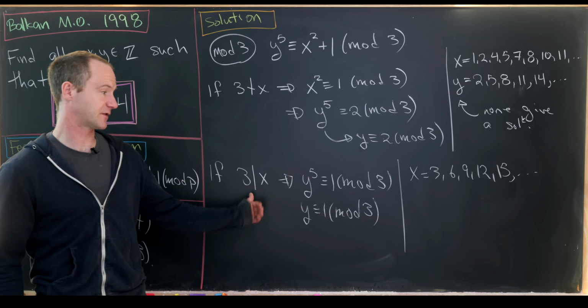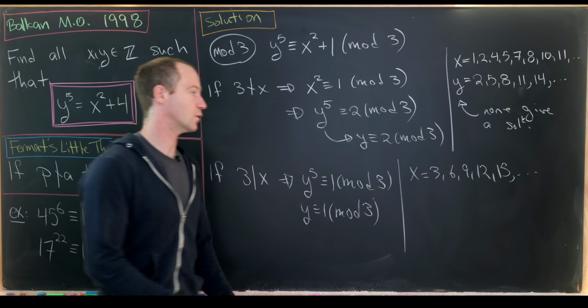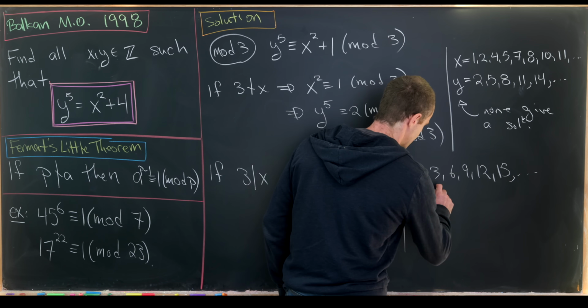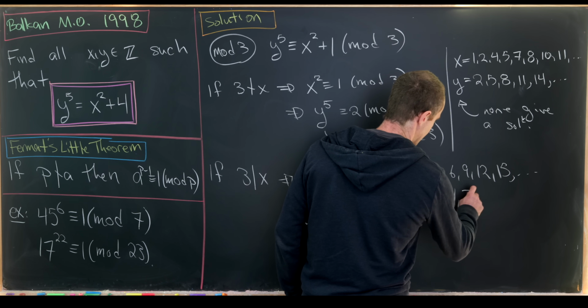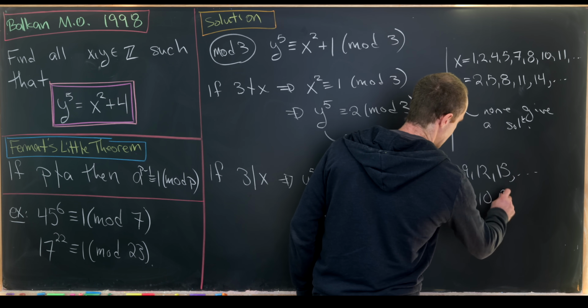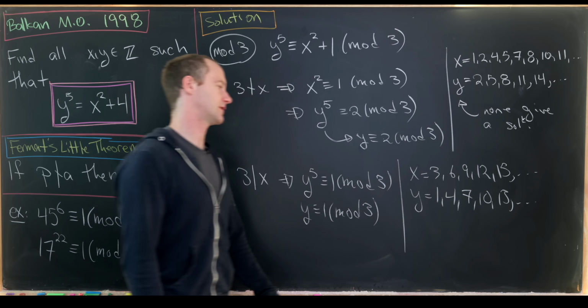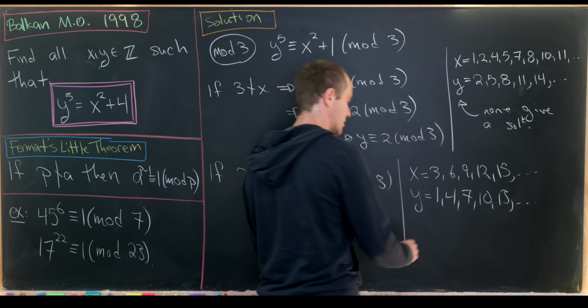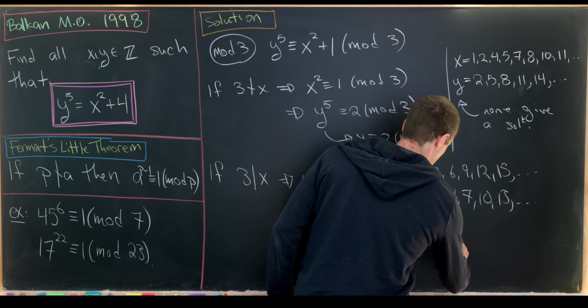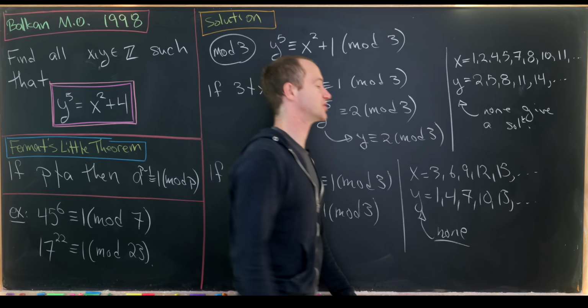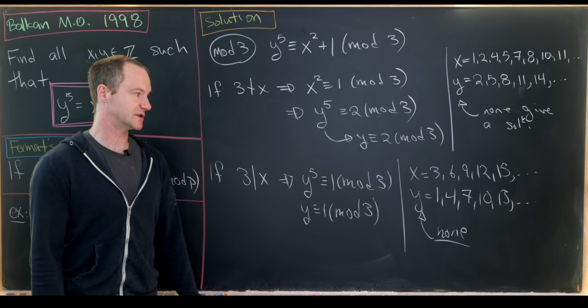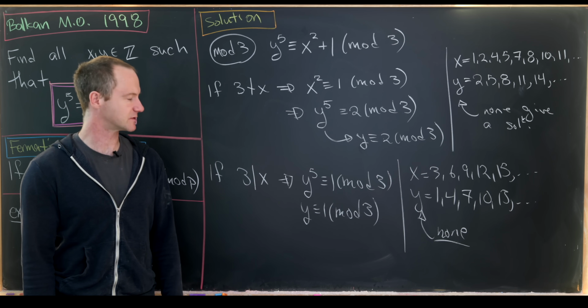It's a multiple of 3. And then y is 1 mod 3. So that means y could be 1, 4, 7, 10, 13, and so on. And then you can furthermore check that none of these small values of x or y give us a solution either.